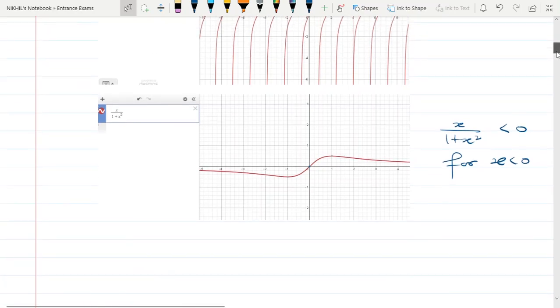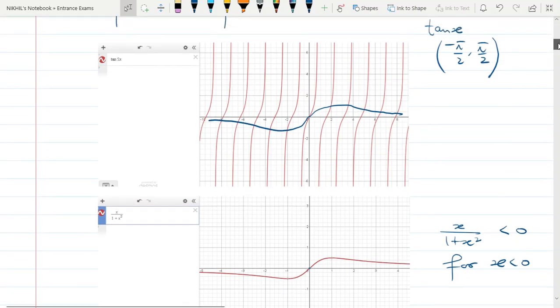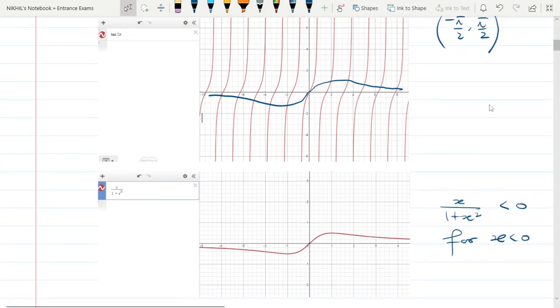If you now sketch the graph of x upon 1 plus x square onto the graph of tan 2x, you can easily see, as a rough sketch, although very useful, that as x approaches infinity, x upon 1 plus x square converges to 0.